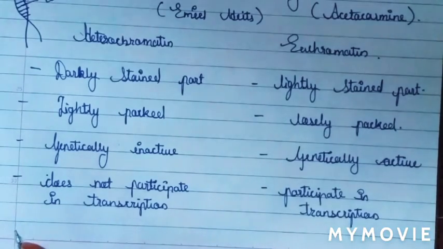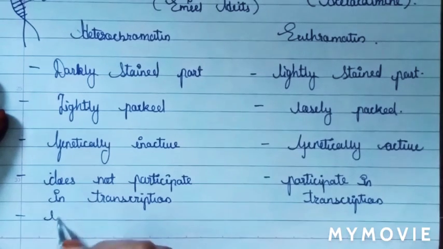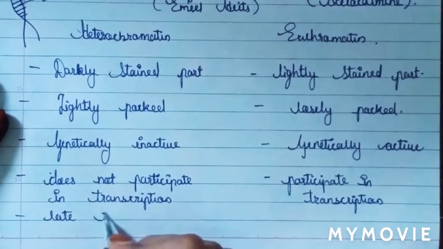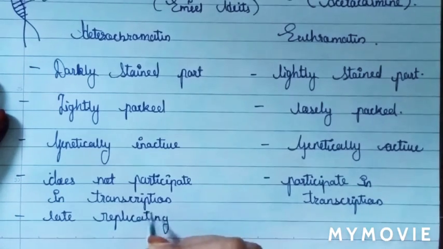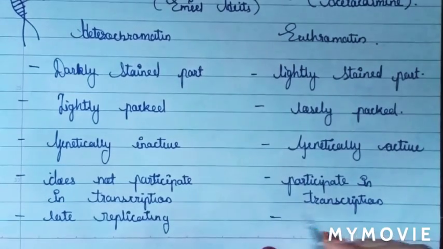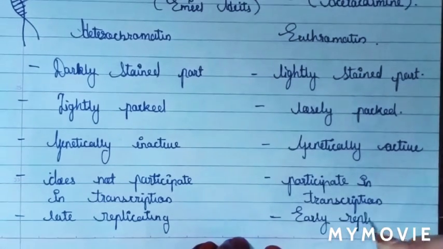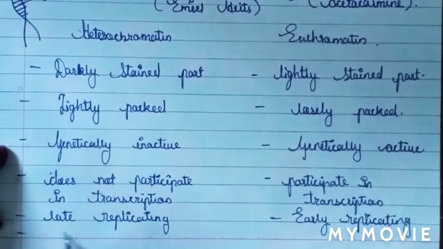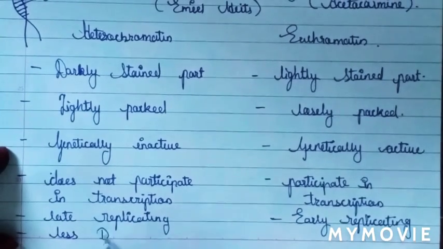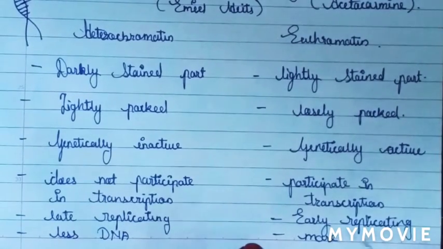This is a late replicating part, whereas this is an early replicating part. Here a smaller number of DNA is present, whereas here a large number of DNAs are present.